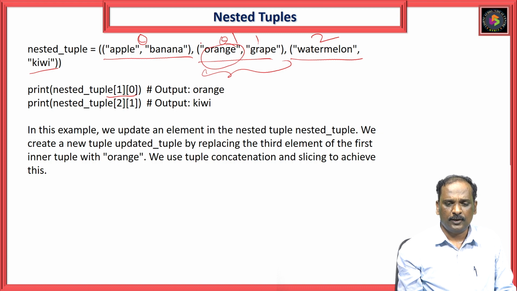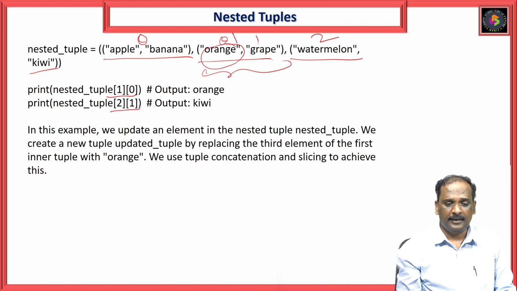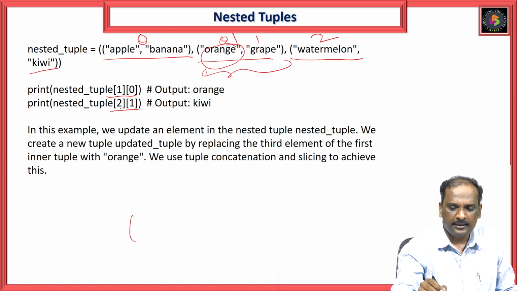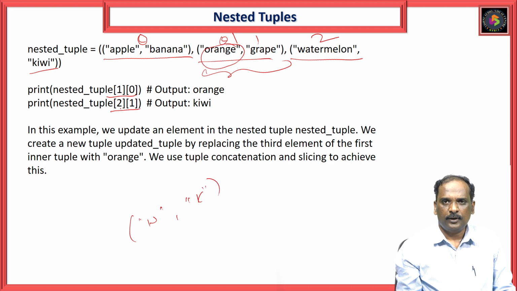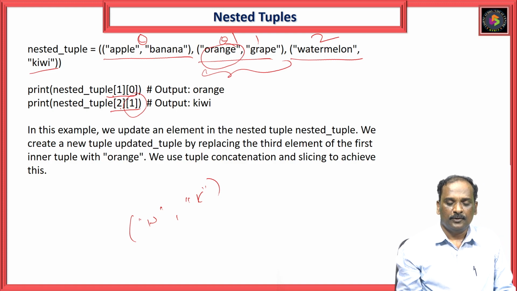In the second print statement, nested tuple of 2, 1. So what is the tuple at index 2? The tuple at index 2 is containing watermelon and kiwi fruit. Now again, one more subscript we are applying, 1.